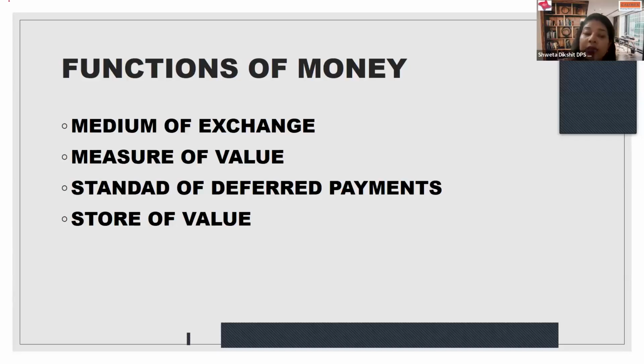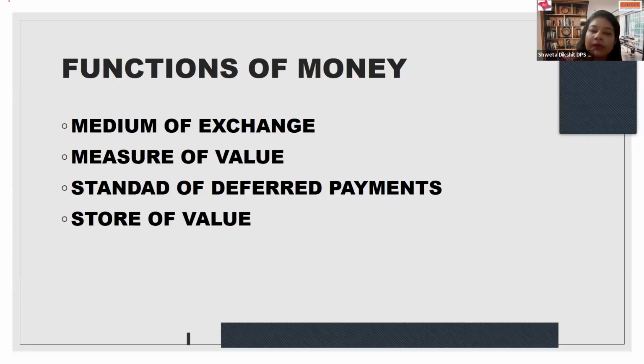Today it is. You can save the similar amount or invest the similar amount, and it is only possible with the help of money. And those savings or investments you have made can be used in future. This is how money resolves the problems or challenges of the barter system.